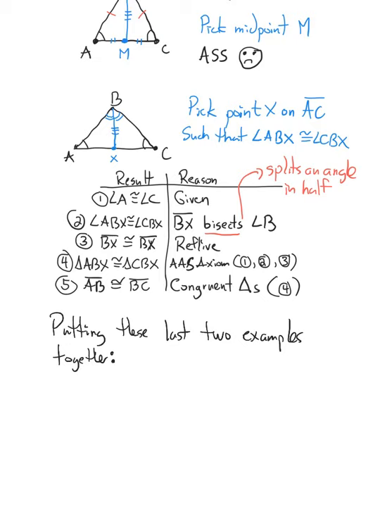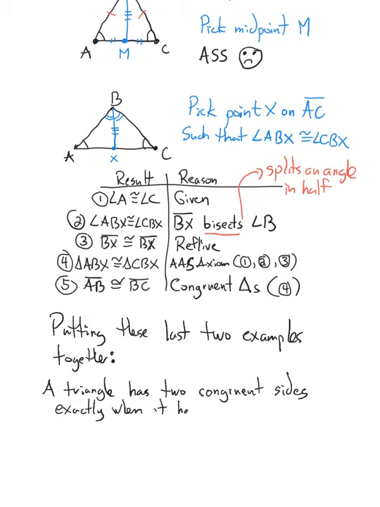We have that a triangle has two congruent sides exactly when it has two congruent angles.